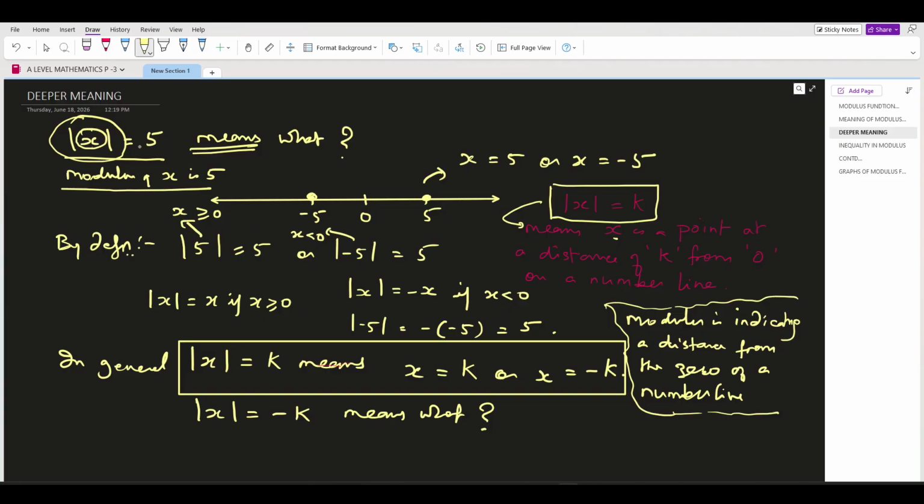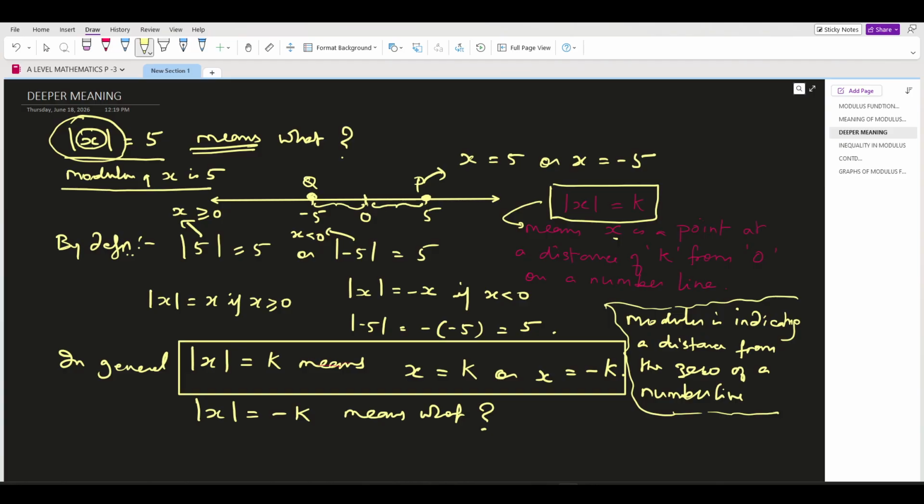So modulus of x equal to 5 means from this 0 on the number line, at a distance of 5 units, this is that point, say P, and over here also from 0 at a distance of 5 on the left hand side, say that is a point Q. So this P as well as Q both are at a distance of 5 from the point 0.